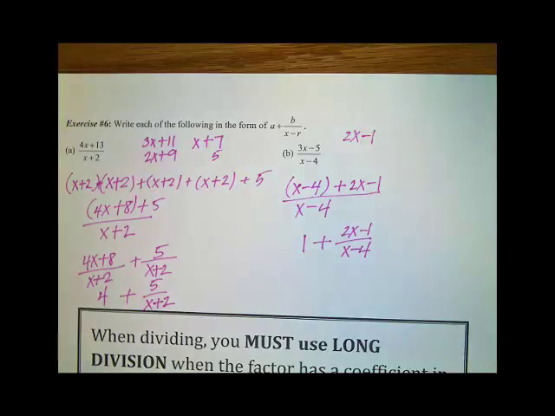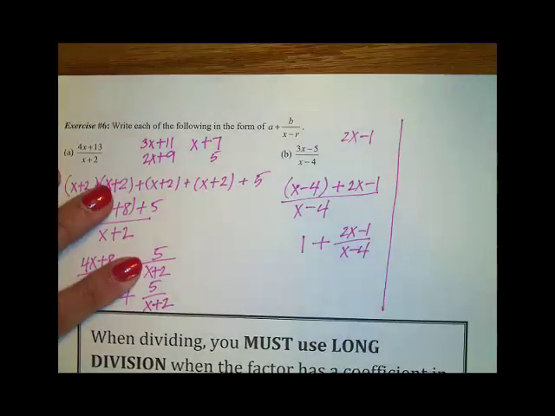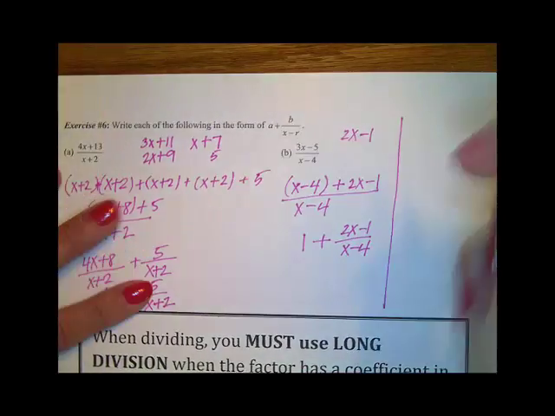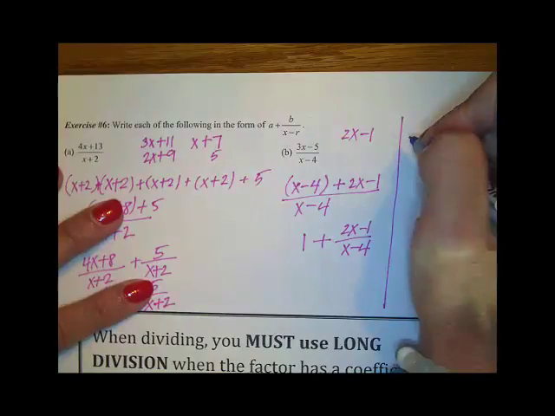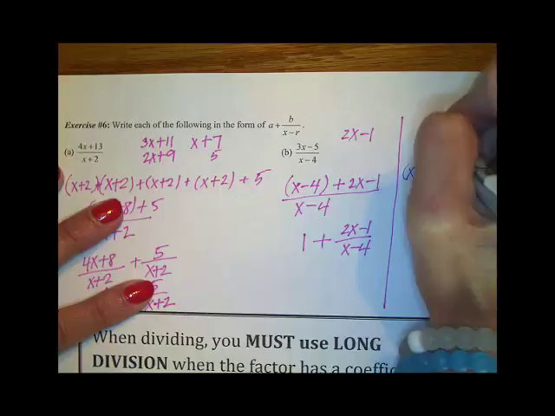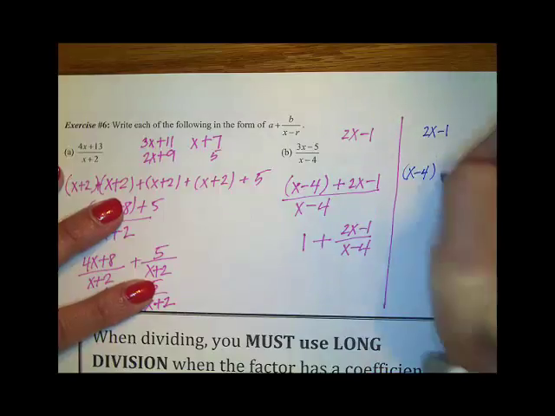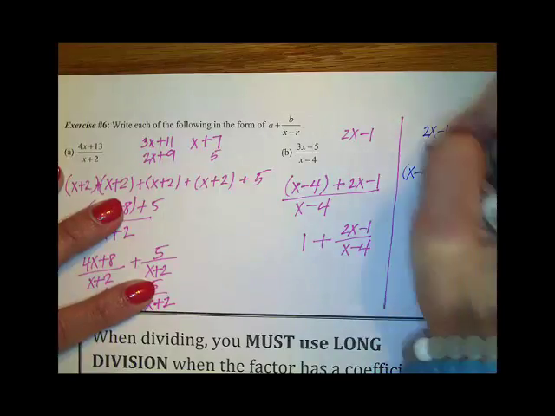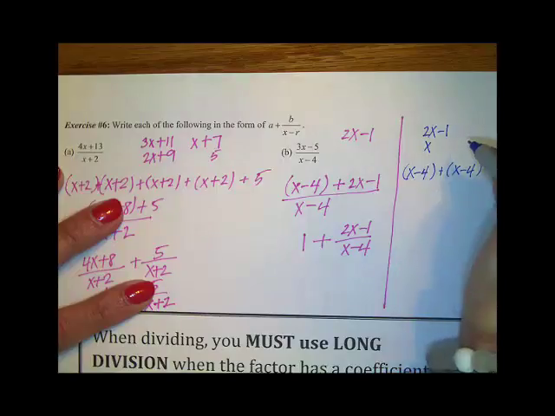I'm thinking that you could keep taking out x - 4's. So if I took out 1 x - 4, I have 2x - 1 left. If I take out another x - 4, I have x + 3.